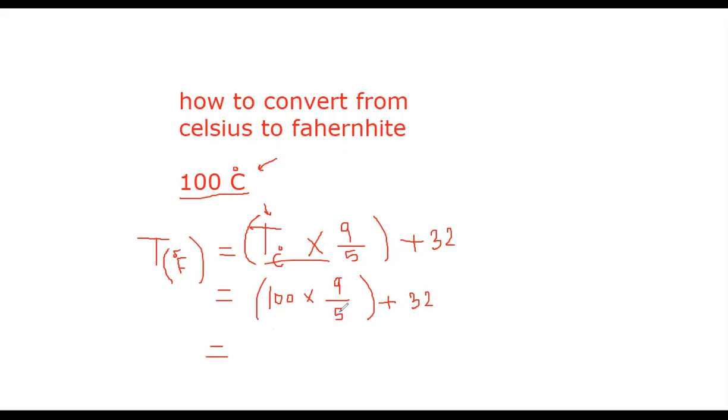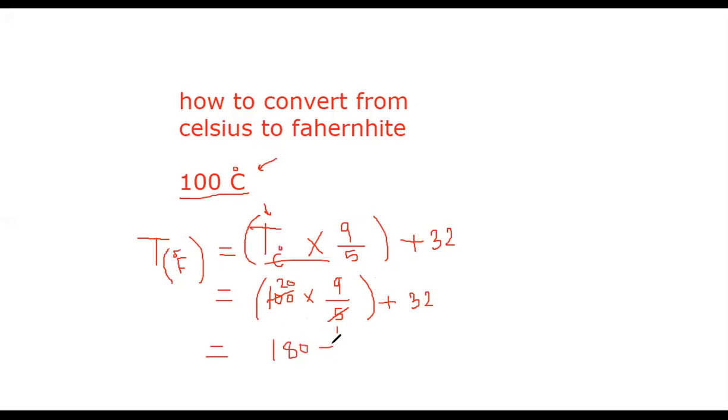Do you know how to multiply a number with fractions? 100 divided by 5 is 20. 20 multiplied by 9 is 180.